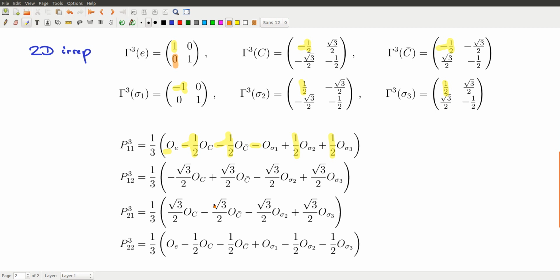So there's a 0 here, that's why we see no OE showing up here, and there's also a 0 here, no sigma 1. And now we have this minus square root 3 over 2. That's this coefficient. Same one with a plus goes here in front of the OC bar. And here for the sigma 2 we have this one, and for the sigma 3 we have this one. And so on. So this is how we explicitly calculate these generalized projection operators.